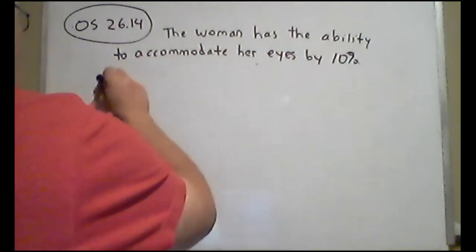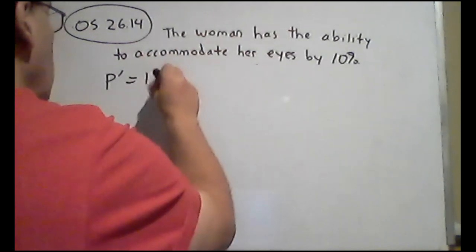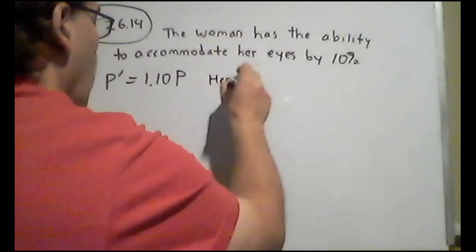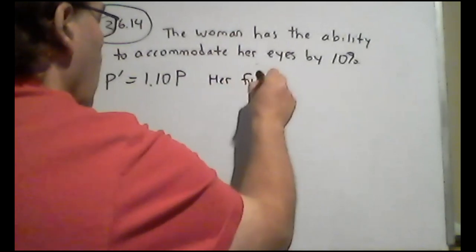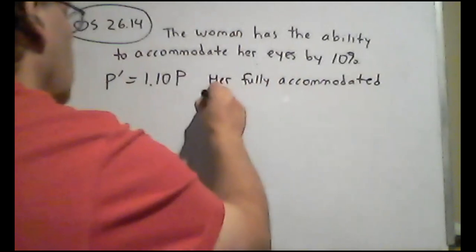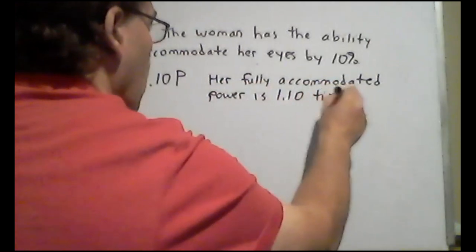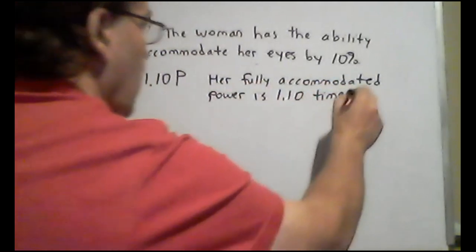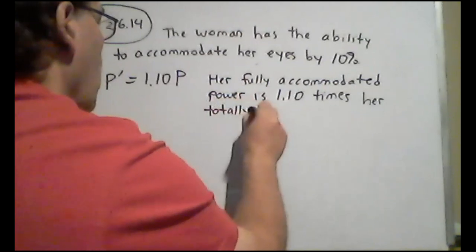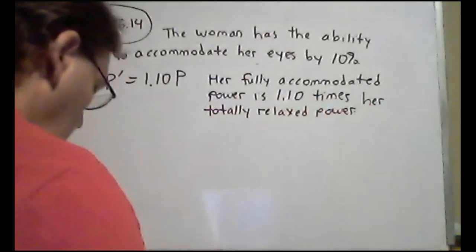That means that her fully accommodated power, we'll call it P prime, is going to be 1.10 times her totally relaxed power in her eyes.